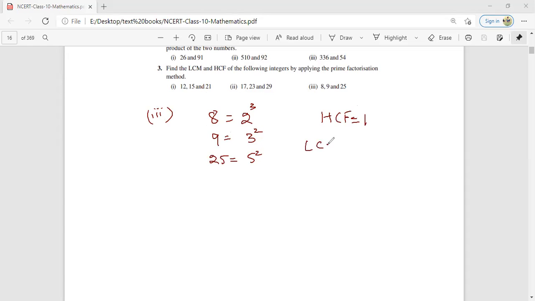And in LCM, we will take 2 raised to power 3 into 3 raised to power 2 and 5 raised to power 2. So 8 into 9 into 25. Multiply them, you will get 1800.